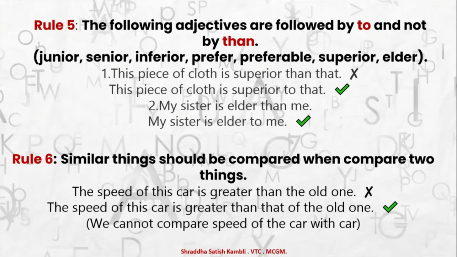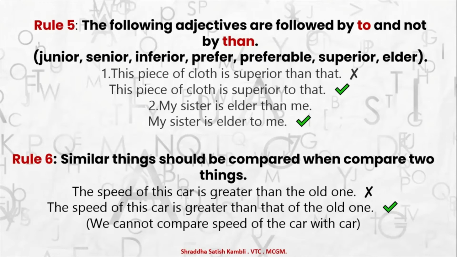So when you want to compare two similar things, see how the sentence will be framed. The speed of this car is greater than that of the old one. Since this car is new, the speed is more than that of the older one. The older one, the speed was less. Here, the speed is more. We cannot compare speed of the car with the car.